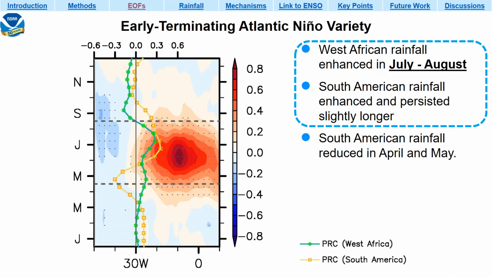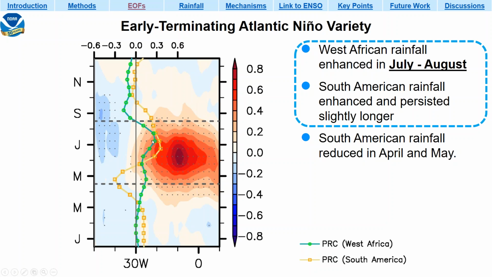Okay, let's talk about the first one, the early-terminating flavor. In this case, the Atlantic Nino anomaly terminated pretty early. Consistent with this warm anomaly here, the West African rainfall, oh, by the way, I'm sorry, this green here is the West African rainfall anomaly, and the orange color here is for the South American rainfall anomaly, on those boxes that I showed you in the previous slide.